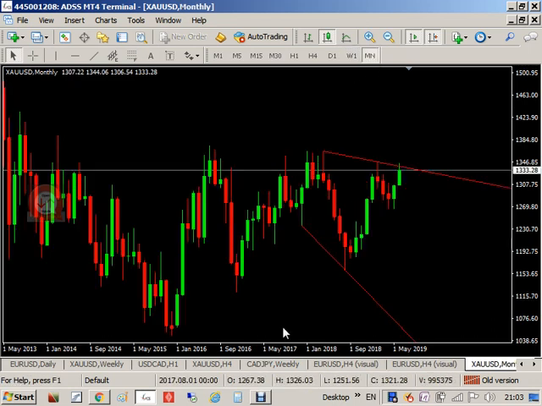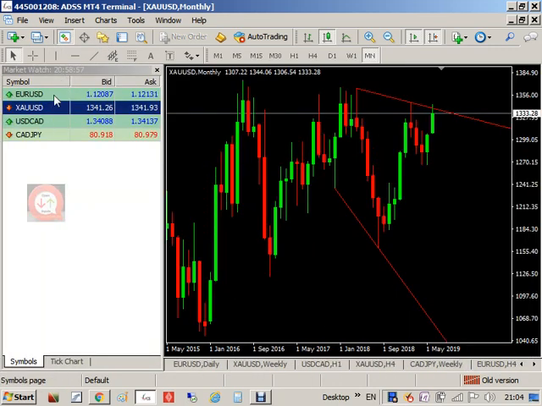Okay, if we go monthly, we still have no signal, you see the lines how they are drawn, still no signal in the monthly going on. So this is how you can trade the currencies or the gold.